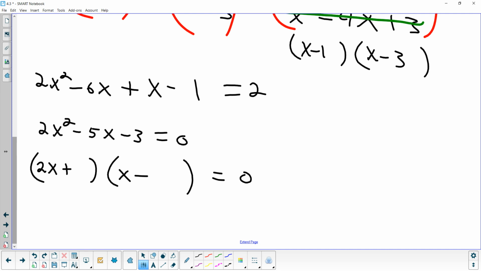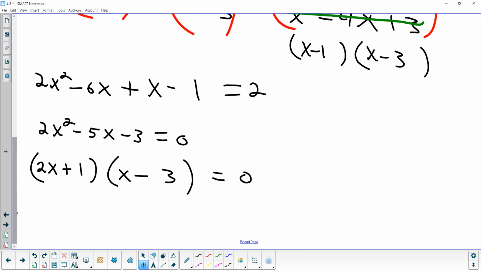And Zach, two numbers that multiply to give me 3. 1 and 3. And if you just guessed, then you guessed the right order. So 2x squared, 2x times negative 3 is negative 6. Negative 6 plus 1, negative 5.